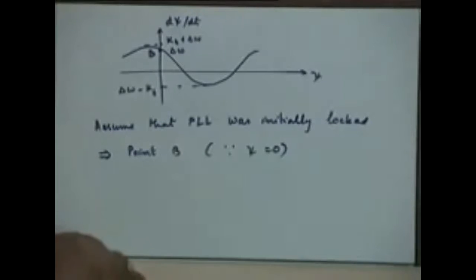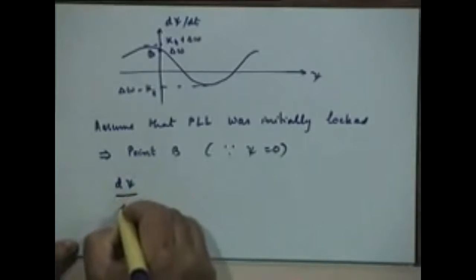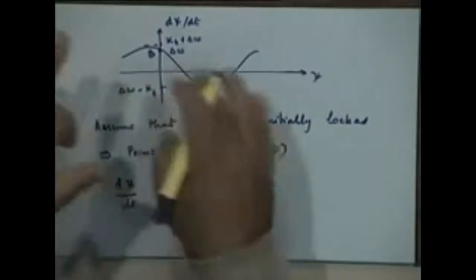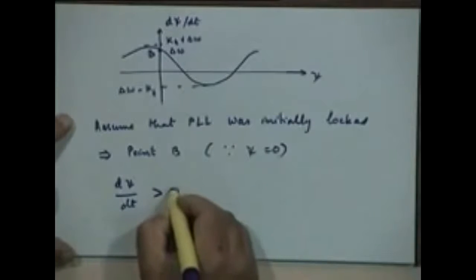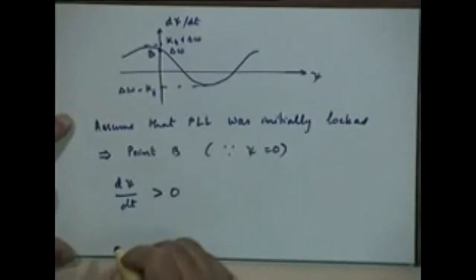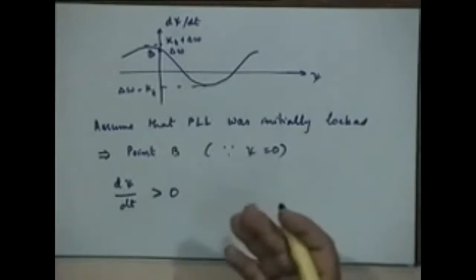Let us also understand another significance of the phase plane plot before we take the argument further. Let us consider you are at a certain point on the phase plane plot where d psi by dt is positive. Now, once this is so, what will be the nature of psi of t as a function of time?